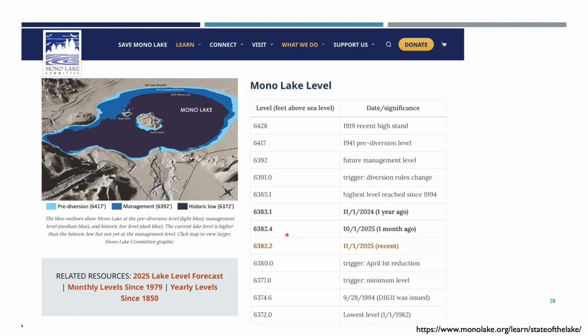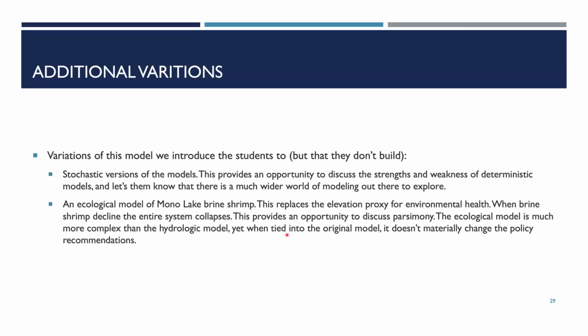But we do take a look at that model as a module of the overall model, and we integrate it with this one, and we look at what that tells us about the policy. It helps me make the point that more complex isn't necessarily more useful, because that dramatically more complex model pretty much gives us the same policy advice as this more parsimonious model. And so that's about it.